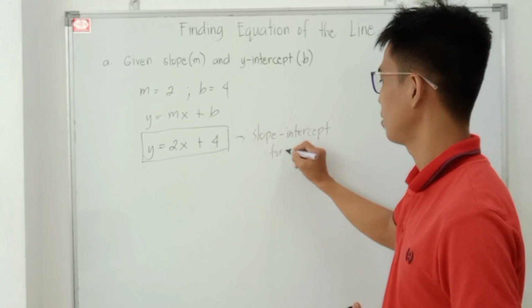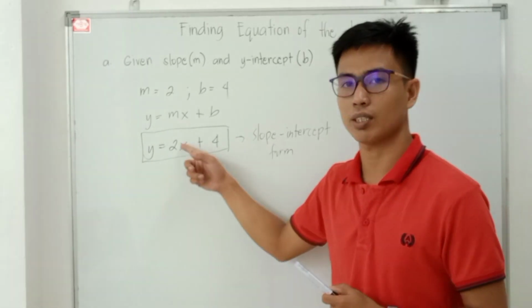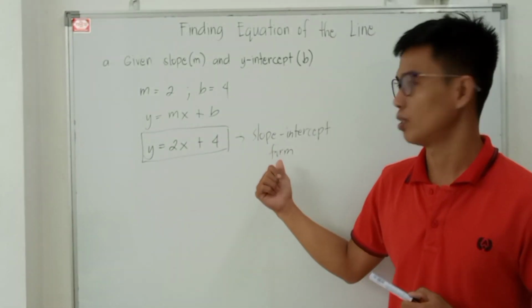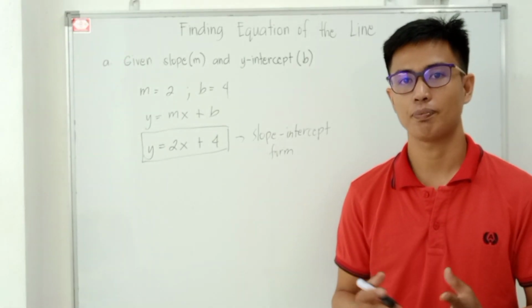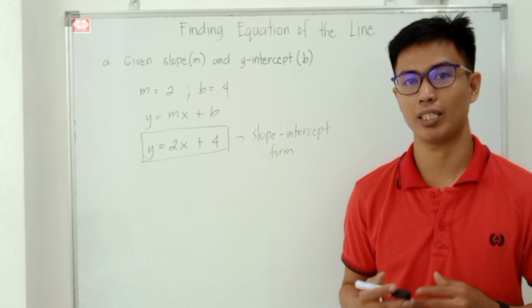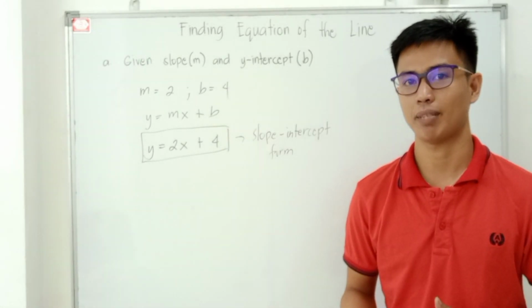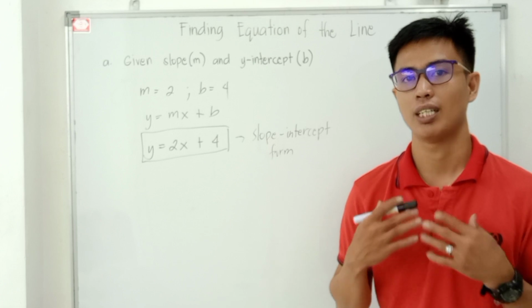So this is the slope-intercept form of the equation. y equals 2x plus 4. Pero, kailangan pa rin natin hanapin yung standard form para mas appropriate or mas accurate yung sagot natin.